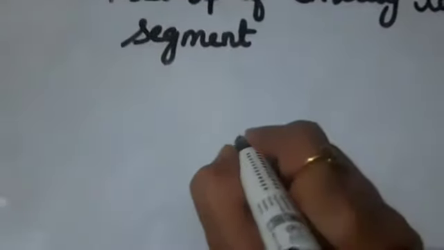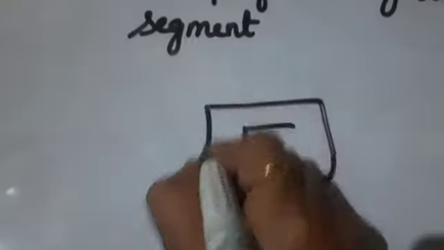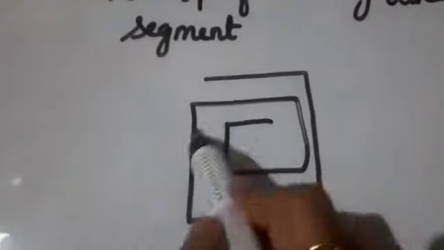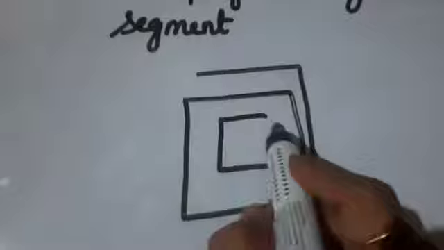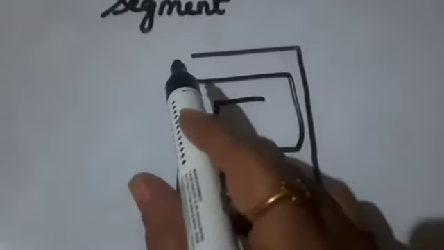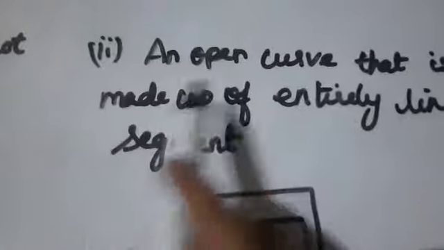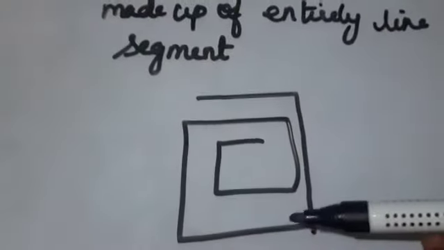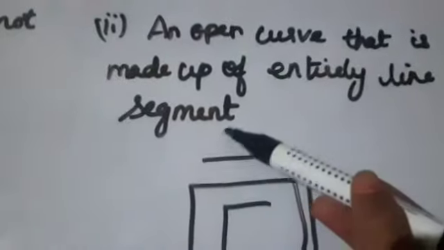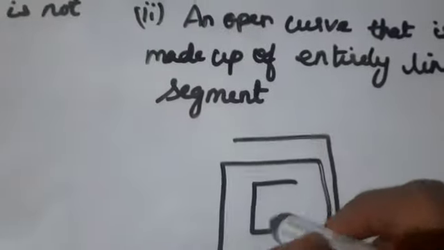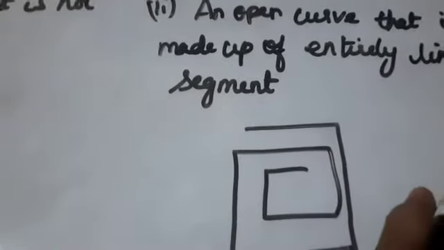See here, now I am going to draw the open curve which is made up of entirely line segments. It is open and it has different starting and end points. This is an example for the given statement. This is the rough diagram of the given statement. It is an open curve and it is made up of line segments.